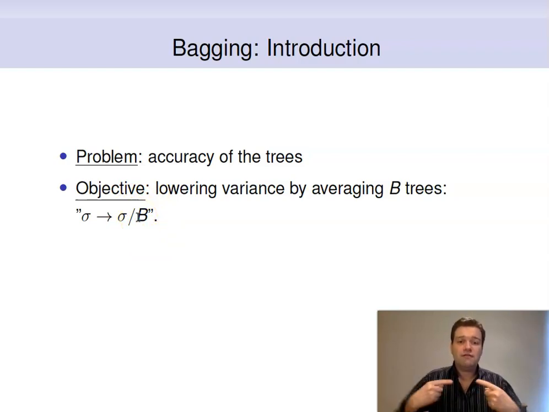That means in the case of IID random variables, when we compute the variance of an average, we get the variance of an initial random variable divided by the number of random variables that are involved in the mean. That leads clearly, mathematically as well, to a reduction of the variance, in this case, the variance of the prediction that would be given by a method which uses a large number of trees.